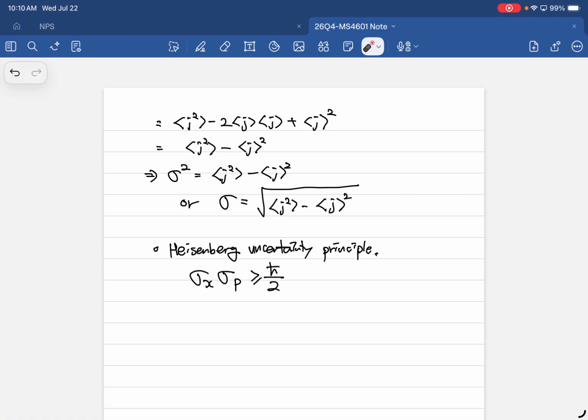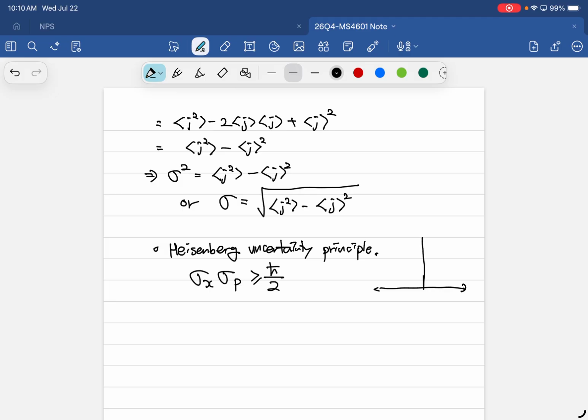Does it make sense? Because that means it's like a delta function. If we know where the particle is exactly, it has a 100% chance of being at, let's say, x equals 1 meter. So in terms of standard deviation, the standard deviation is 0. Does that make sense?